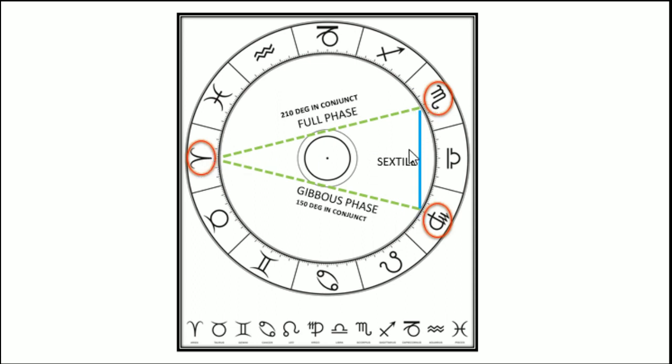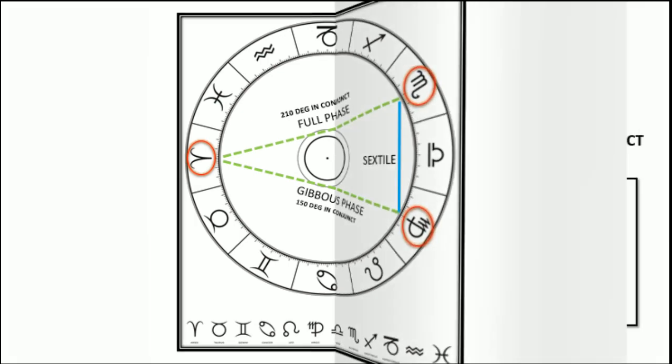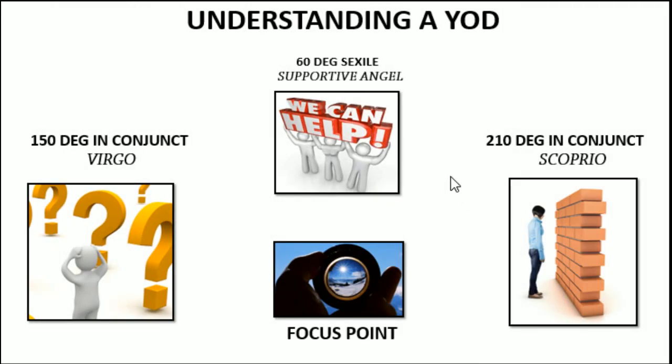Does that make sense? So if we move over to the next part of the slide, you can see here, understanding a Yod. Now remember in the previous slide, I told you about the 150-degree inconjunct. This angle between A and B is what is understood as a crisis.